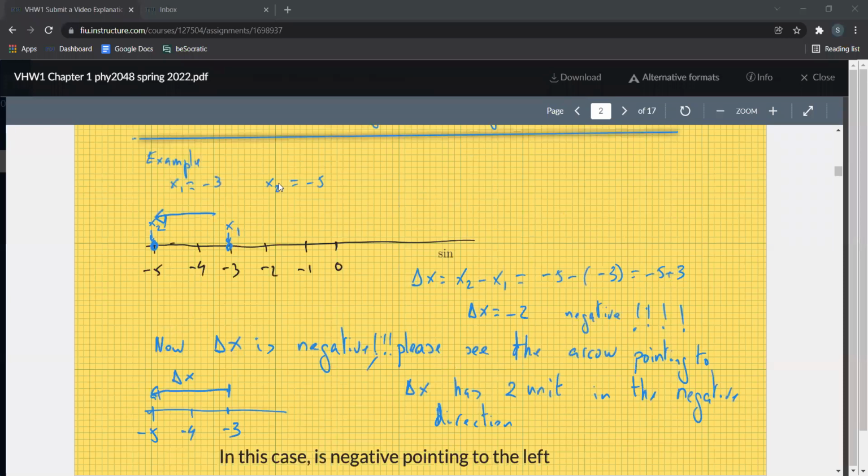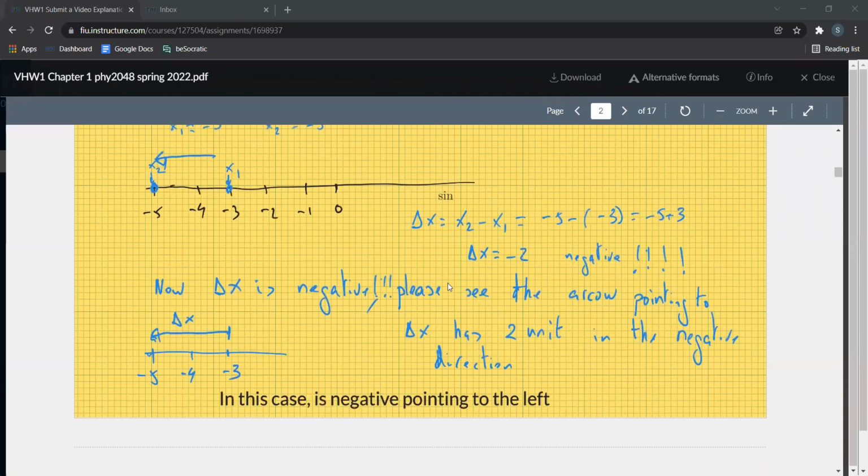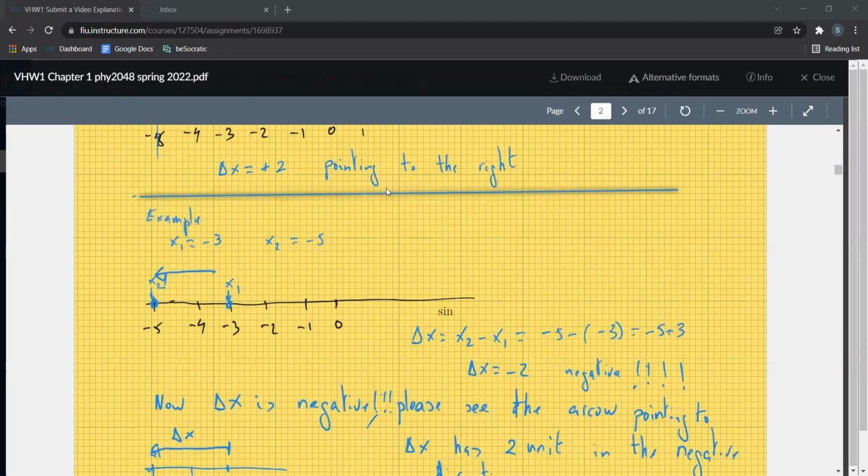So let's look at this example. I'm going to try not to look at any of these writings too much, but we'll just try it. Let's say your x1 is -3. Oh, this is like the inverse of the last one. I'll do more examples later, don't worry. So your x1 is -3 and your x2 is -5. That's simple. You go from your x1 to your x2.